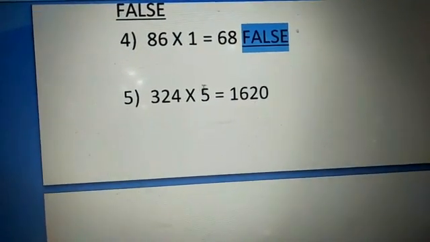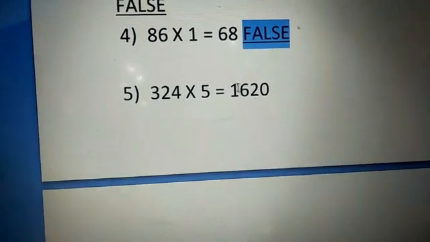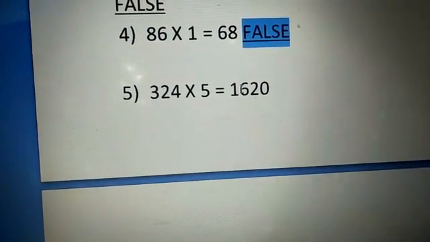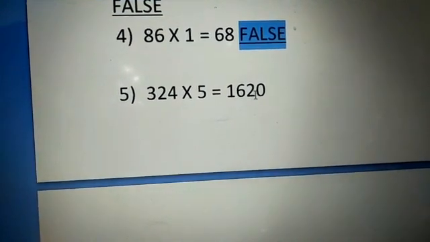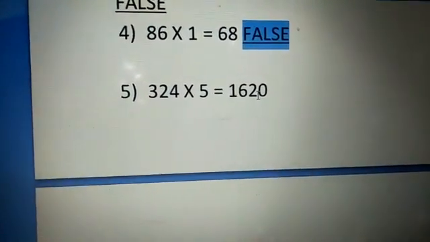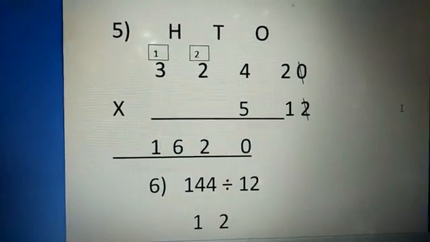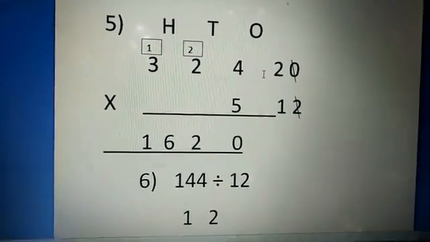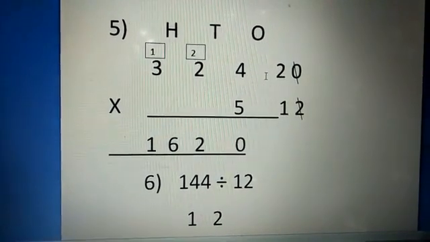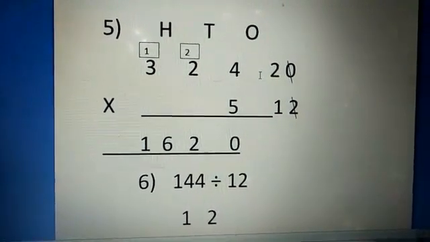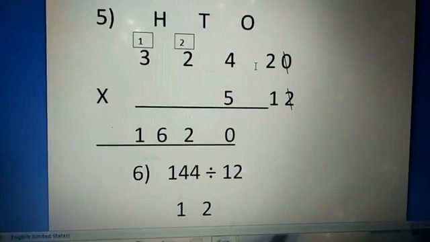Then the fifth one, 324 is multiplied by 5, we get the answer 1620. So the given problem is multiplication. So we should multiply, then we check our answer.